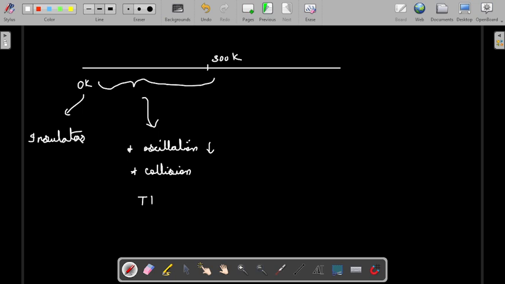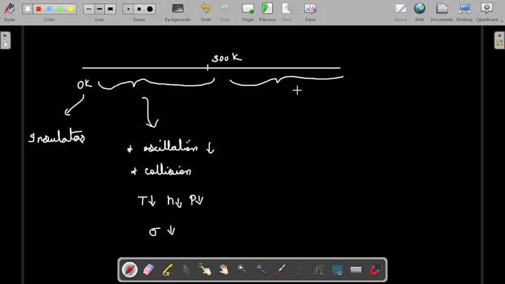Here we are taking T less than 300 Kelvin. Comparing to this region, T is lesser. So n will also reduce and p will also reduce. Assuming all three things, the whole conductivity will decrease here.